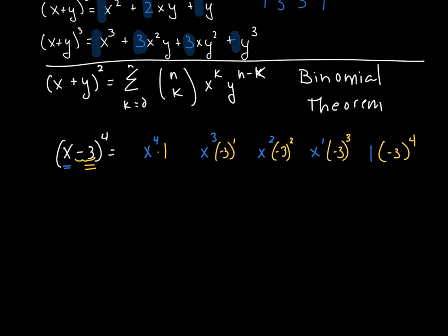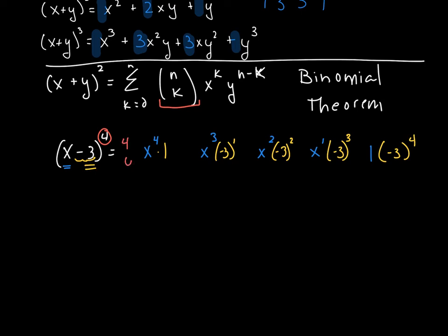So the next part that we need in this formula is this n choose k. Because we have to have the coefficients here, now I need n choose k. So I just start with the 4. That's the exponent that I'm trying to expand it to.